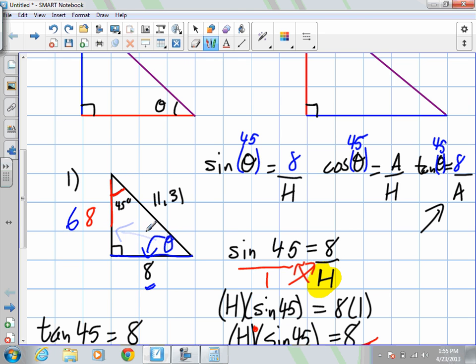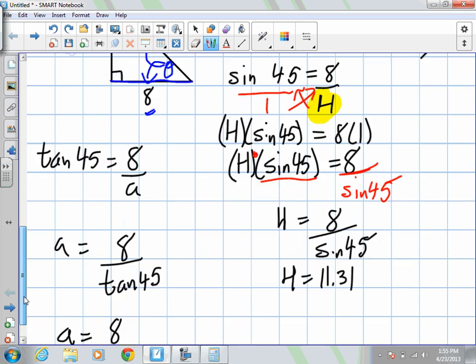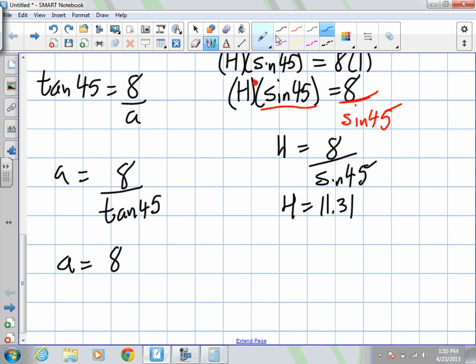So, we take our cos of our blue theta, that's our unknown, is equal to adjacent, which happened to be 8, over 11.31, I think I said. Okay. Now here, the goal is to get theta by itself.